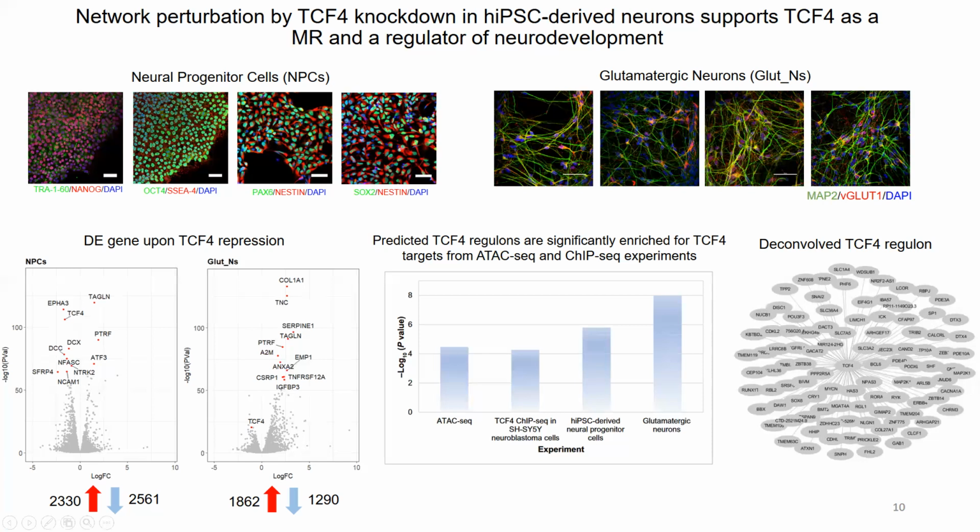Although for all these data sets we observed a significant overlap, the enrichment score in glutamatergic neurons was meaningfully higher than the others, specifically neuroblastoma cell lines, which implicates the importance of tissue-specific investigation of transcriptional regulation.